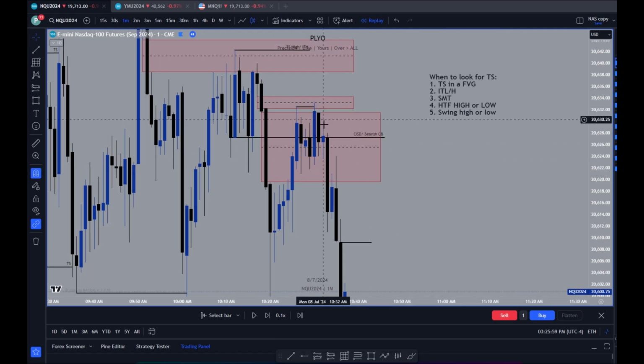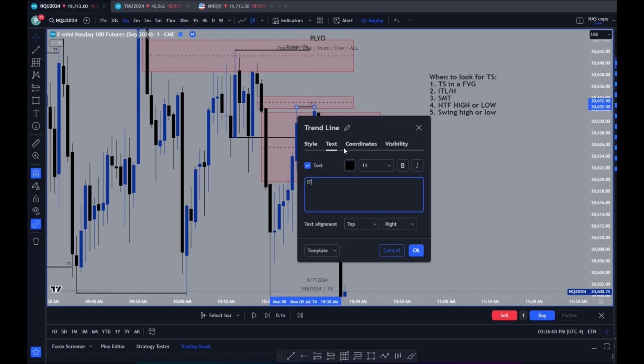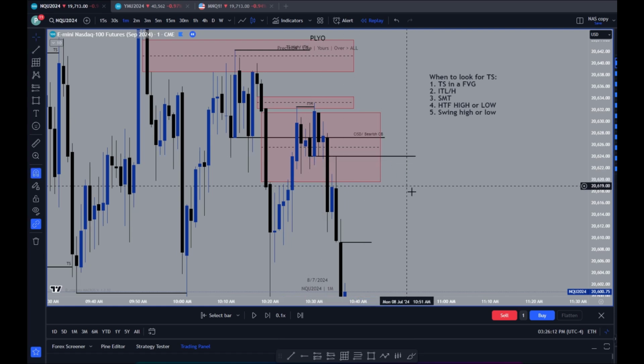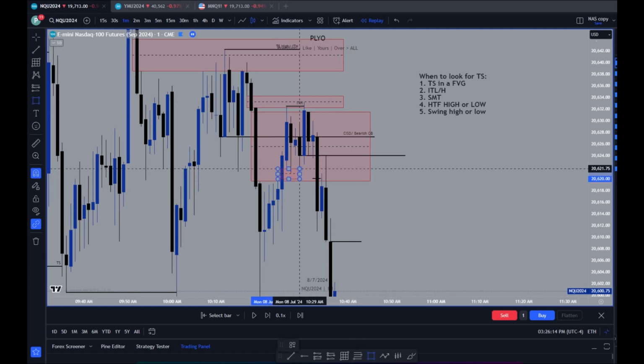This right here is the same exact thing that would just happen here. Okay. We had an ITH get hit. Remember, high inside of a fair value gap. You would expect this to be a turtle soup. How would you confirm a turtle soup? CISD, followed by an inverse, followed by a 2022 model.